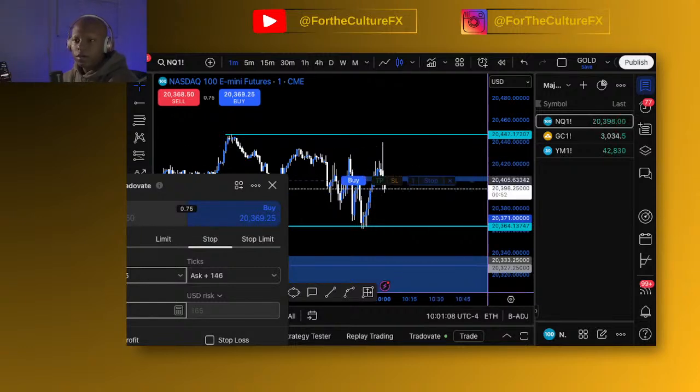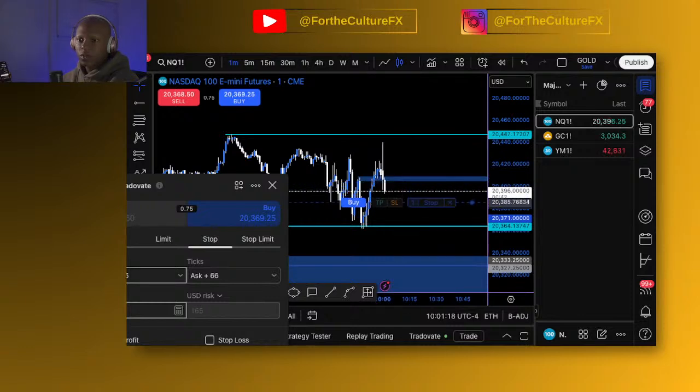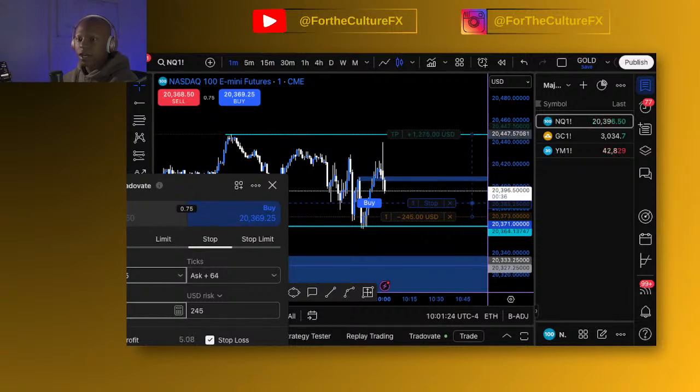There we go. So as long as price does not break this low here, when we get our bullish candle signal, hopefully at this area, that's when we'll be looking to take our buys. I'll set my stops below the low of the candle and set my target profit high at the 4-hour high, right?